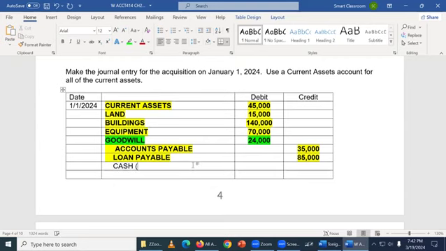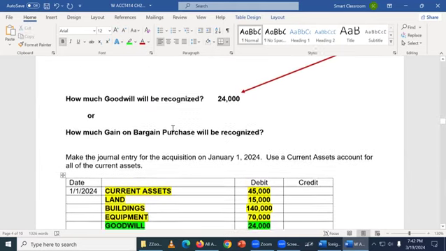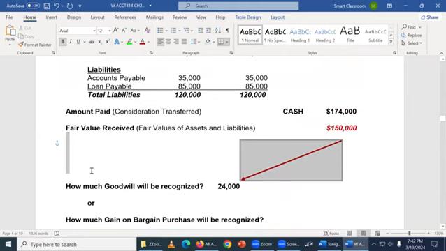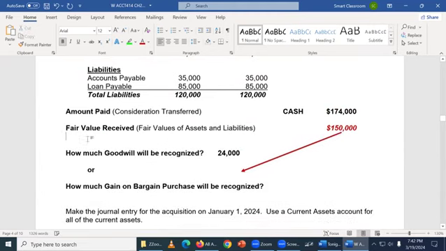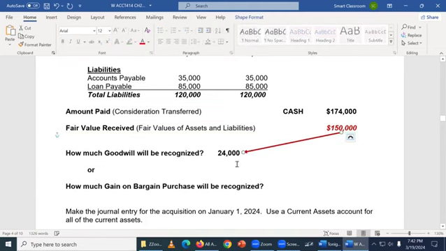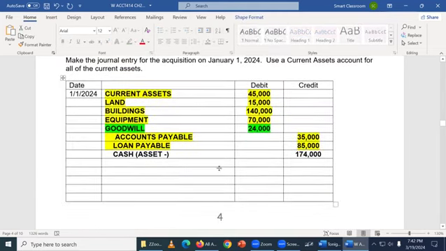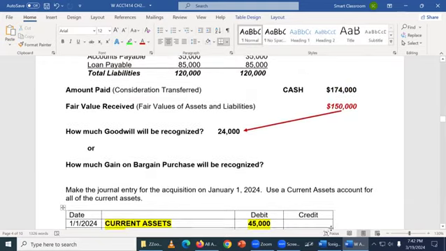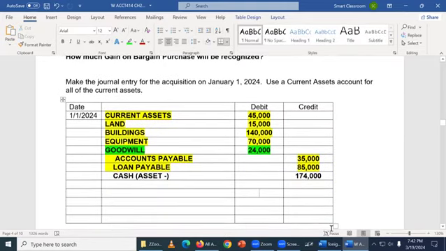Yep. And that goodwill will just sit there like a lump. Let's make sure that these add up. 270 plus 24, 294.